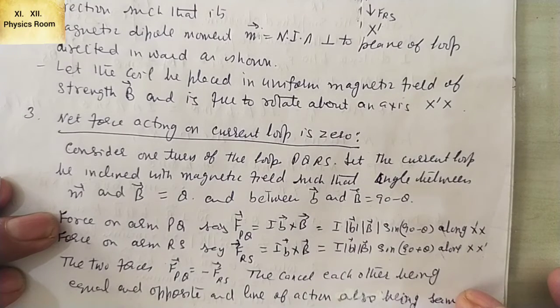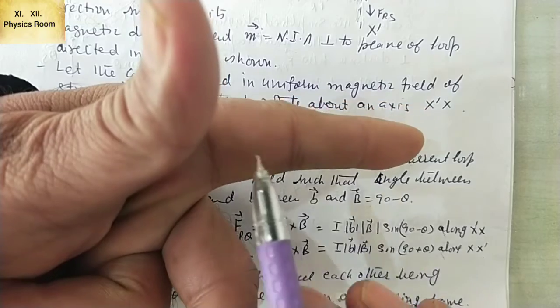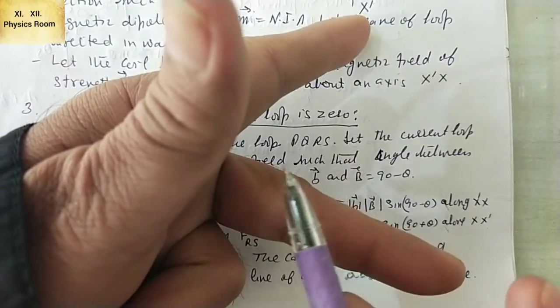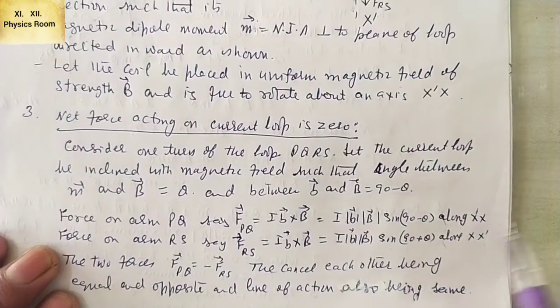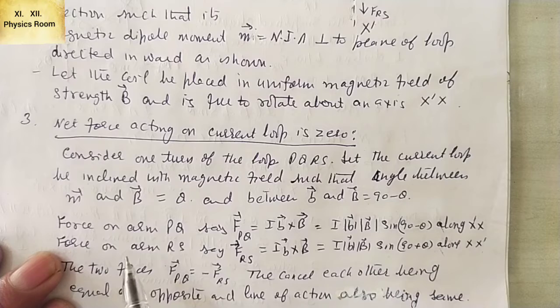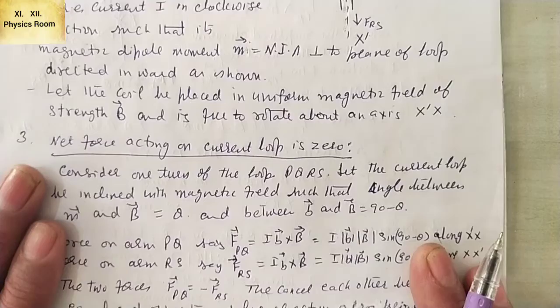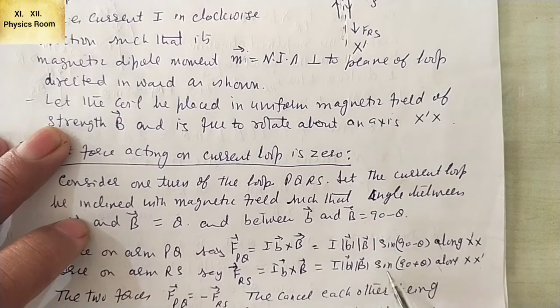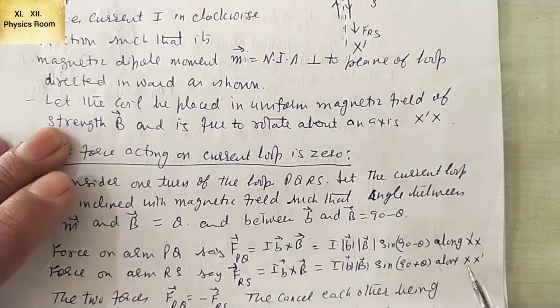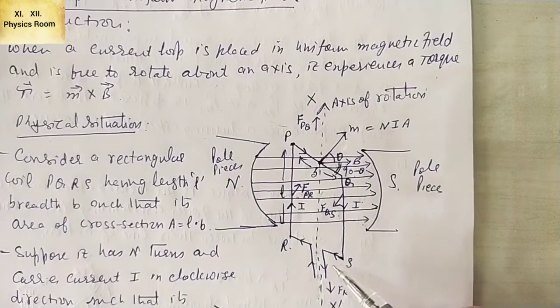Fleming's left hand rule: field direction, current direction, and force direction. So it will be along x dash x. Similarly, force on arm RS will be I mod b mod B sine 90 plus theta along x dash.